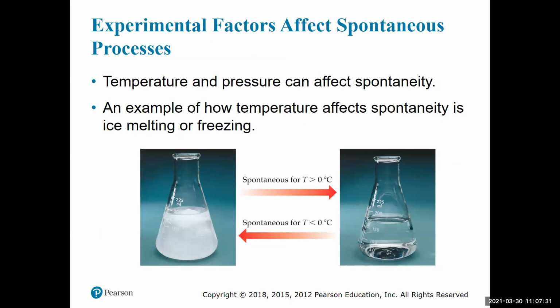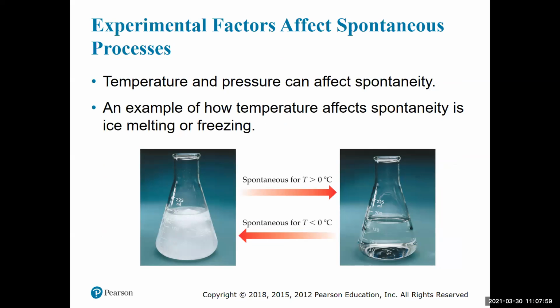There are some factors that can determine whether a process is going to be spontaneous or not. And two of them that do affect are temperature and pressure. These can affect spontaneity. And so let's take a look at an example here where we have some water in some Erlenmeyer flasks, and let's see how temperature affects the spontaneity of what the water does.